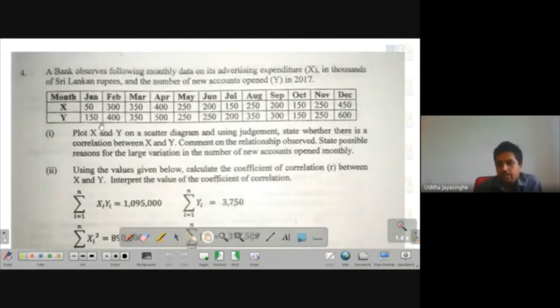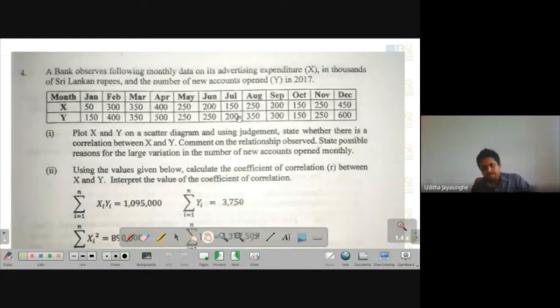So what can you typically express? At broad daylight, you come to the conclusion that the higher the advertising expenditure, the number of accounts opened is also going to be a bit higher. See, advertising expenditure is 150 accounts. When it is increased to 250, 350 accounts, likewise.